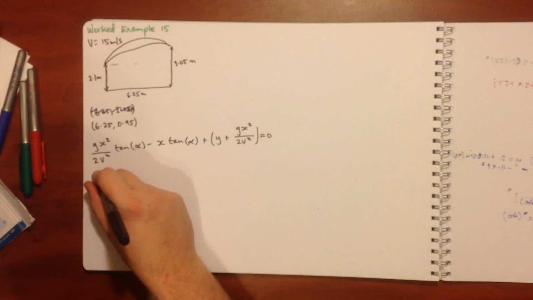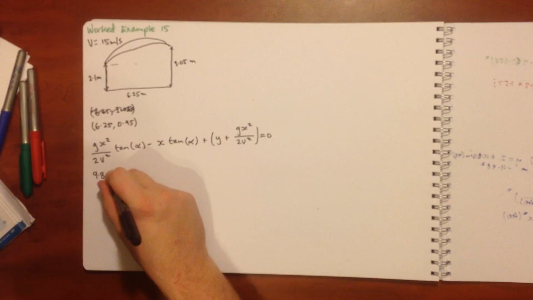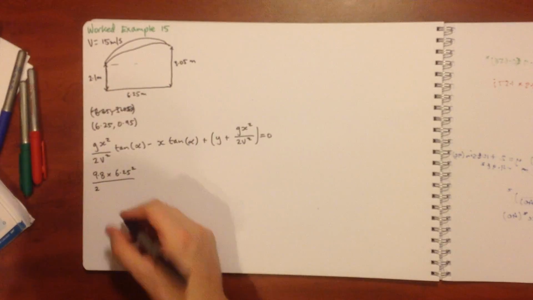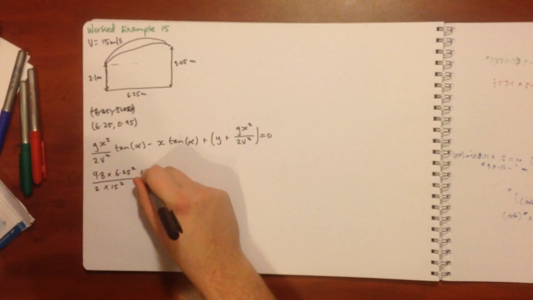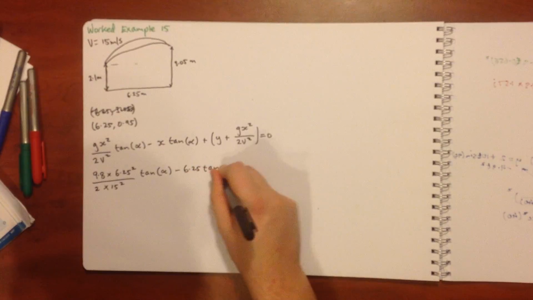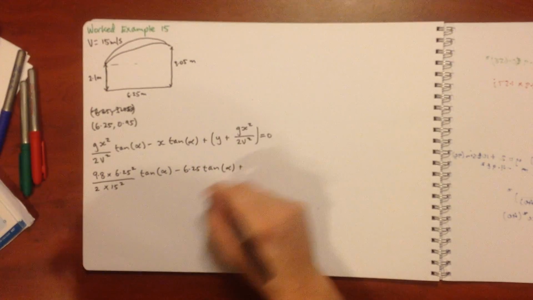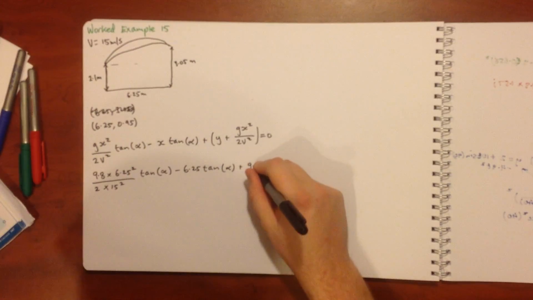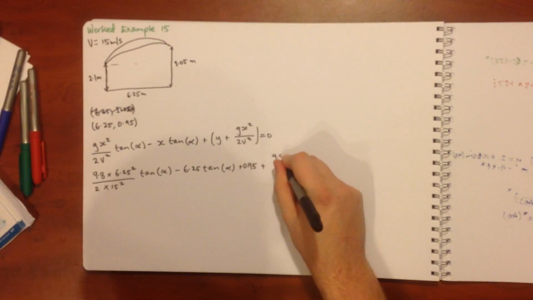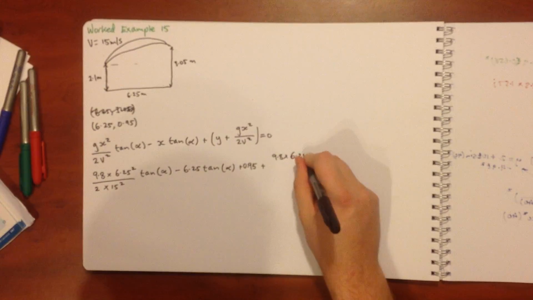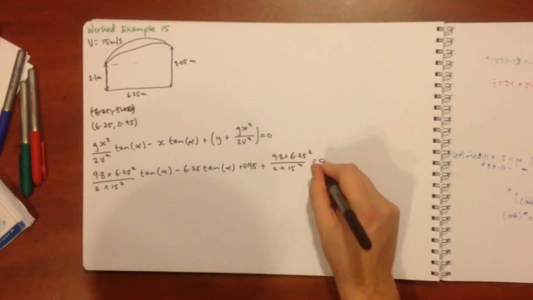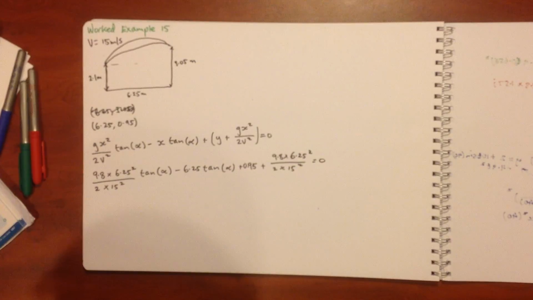So we know our g is 9.8, our x squared is going to be 6.25 squared over 2 times our velocity, which is 15, so times 15 squared, tan of our alpha minus our 6.25 tan of our alpha, plus our y value, which is 0.95, plus our 9.8 times our x value, which is 6.25 squared over 2 times 15 squared, equals 0.